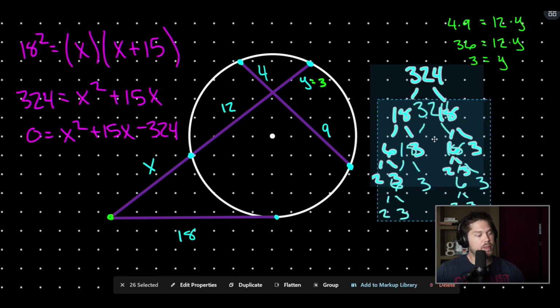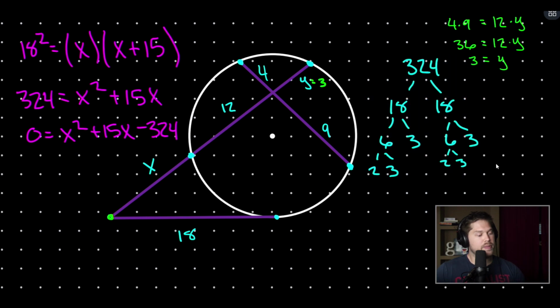There we go. And so what am I looking for? Well, I can just look at my prime factors. My prime factors here are what values? I have 4 3s and 2 2s. So this is what I'm paying attention to.